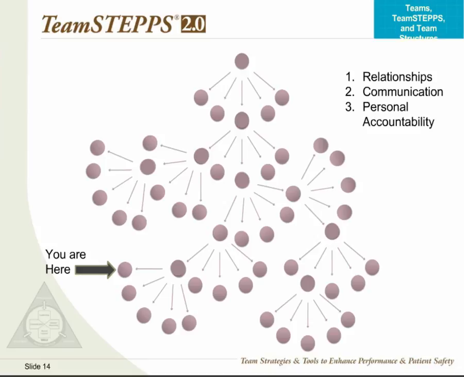But let's go back to that person at the top. The person at the top has an awful lot of responsibility because ultimately, using the model I was just talking about, the buck stops there. And in fact, in some organizations, if things aren't going well inside the company or the hospital or wherever it is that we're talking about, it's often that stakeholders will say, well, the problem is the person at the top.